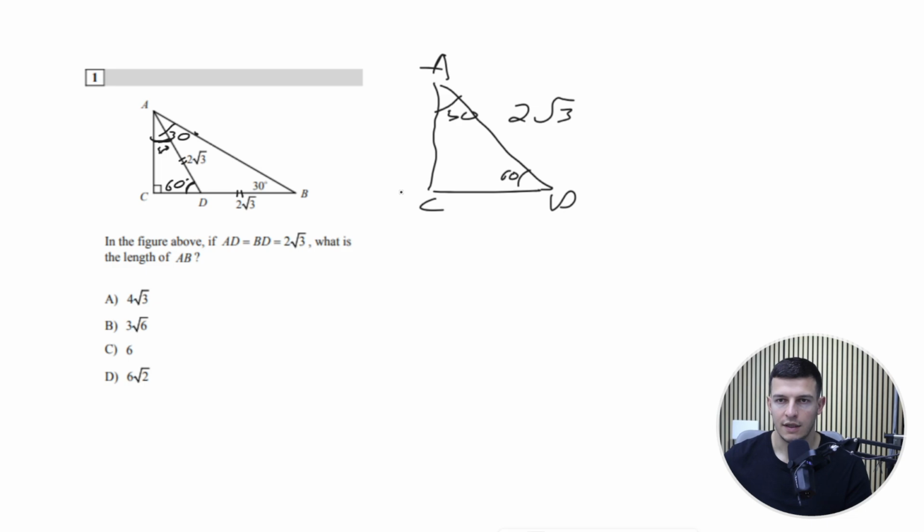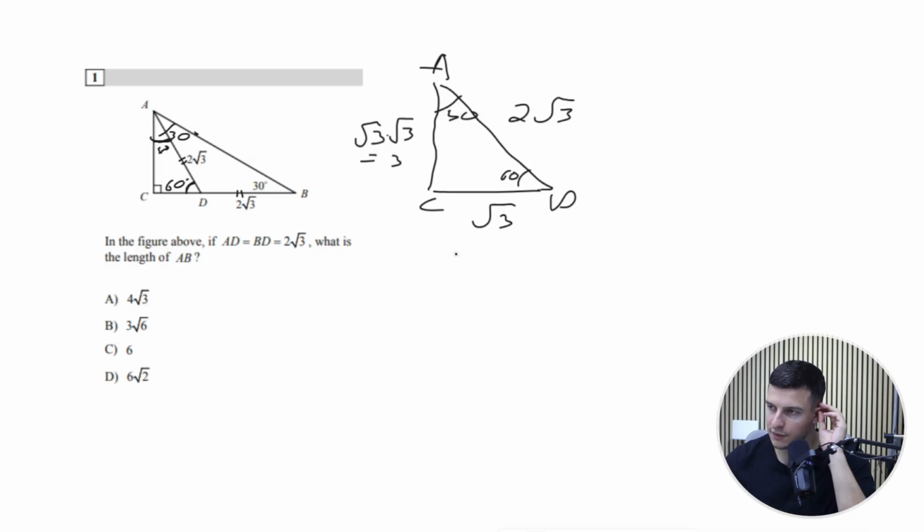If the hypotenuse is 2 square root of 3, then the side in front of 30 degrees is going to be half of that, which is square root of 3. And the other one is going to be square root of 3 times square root of 3, based on the rule I just discussed. If you missed that, maybe go back and review that one more time. So this is going to be just 3.